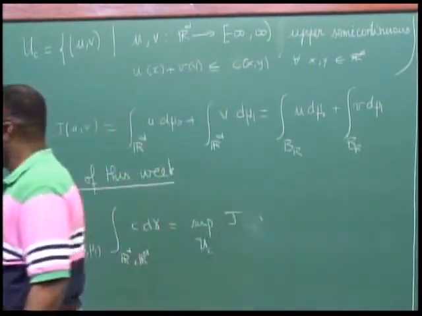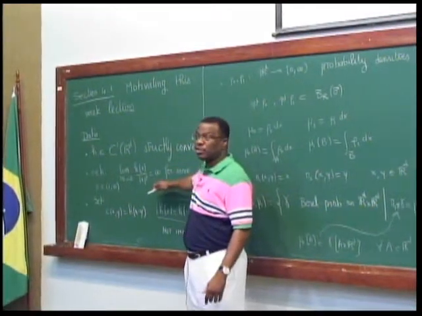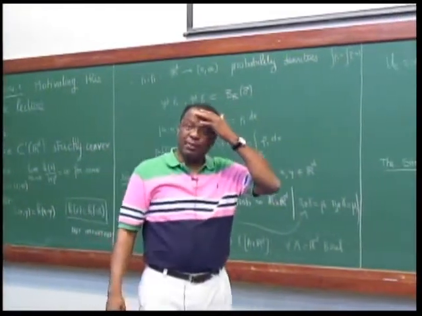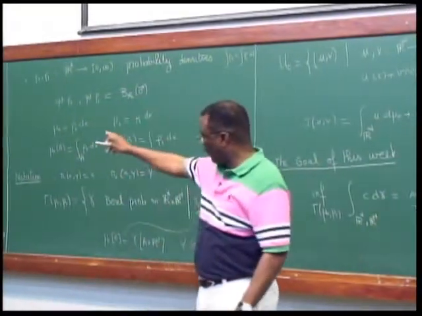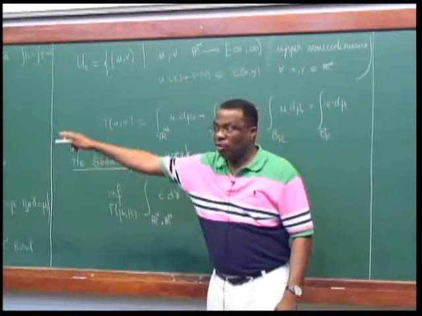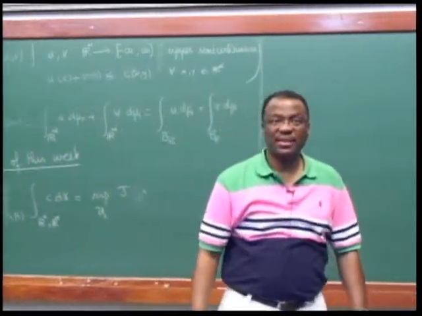So in fact, we want that result to hold even if we don't impose all these conditions. But by an approximation argument, we will show that if we know this duality result under that assumption, then we can get it in general.